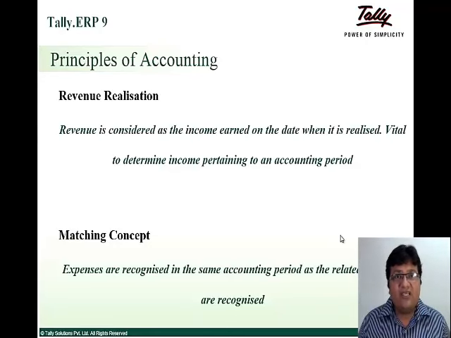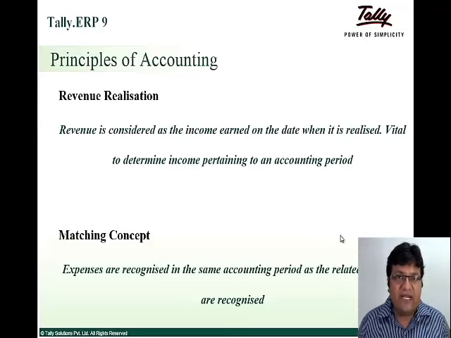However, the revenue is considered to be realized only when the milkman receives money from his customer. That is revenue realization. Income is already there as a part of sale, but it is considered to be realized only when the money is received. I hope this is clear.